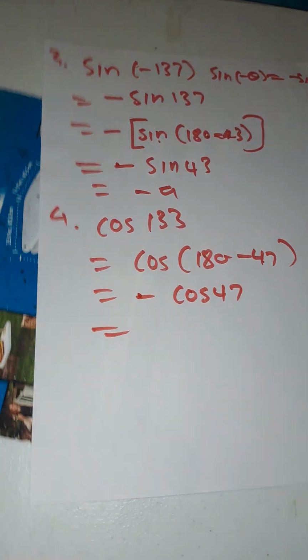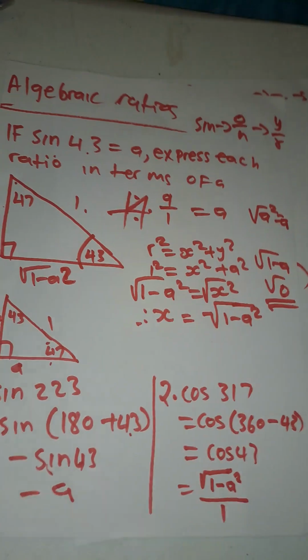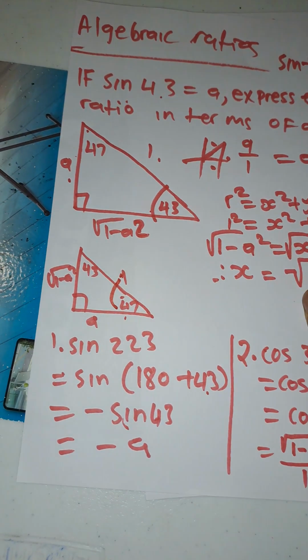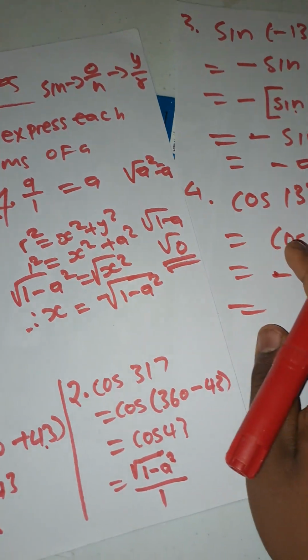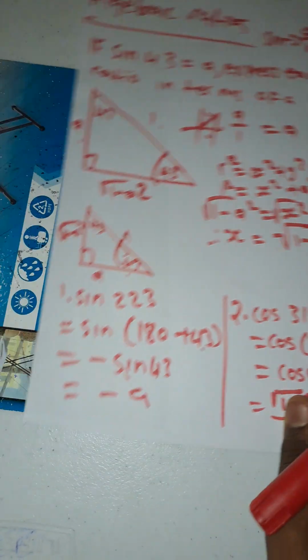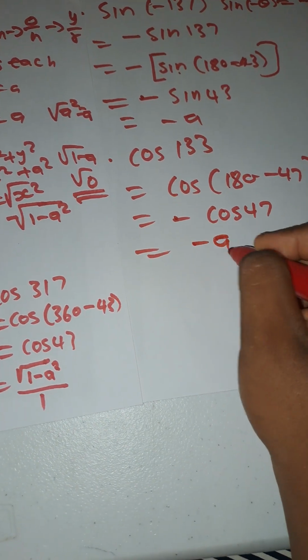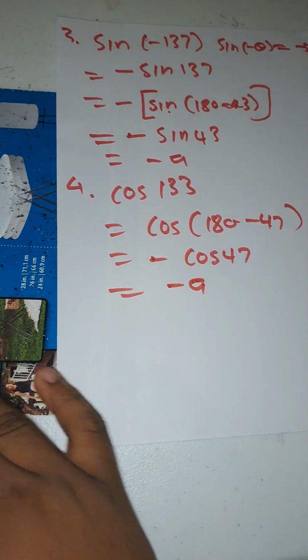Continue. Be careful there. You said cos 47, so it means you will use what? This angle, this triangle, because you said 47 is here. So it will be what? Cos, it is what? Adjacent over hypotenuse, which will be equals to negative a. So you just have to be careful there.